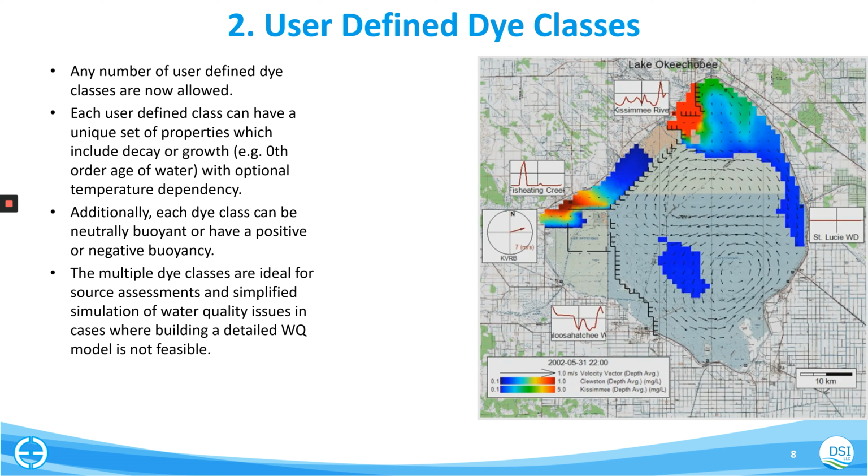We have the ability to put a low end cutoff so that any concentrations below 0.1 are transparent. So that's how you can see two dye concentrations simultaneously on the same plot, because typically, in this scenario, you have high source water in one area and high source water in another, and you use a low end cutoff so you can see both at the same time. Kind of handy.